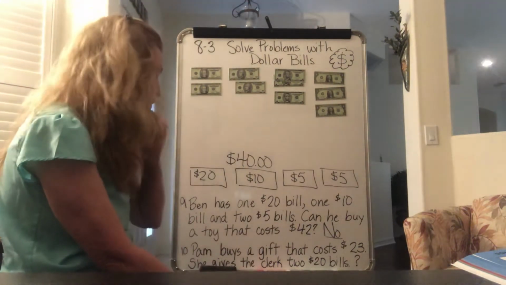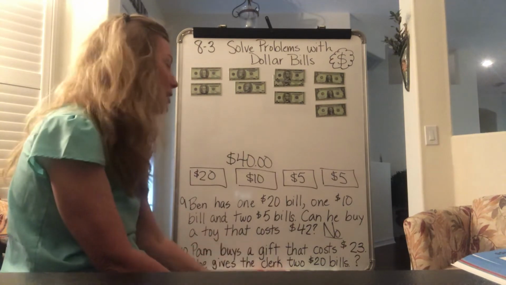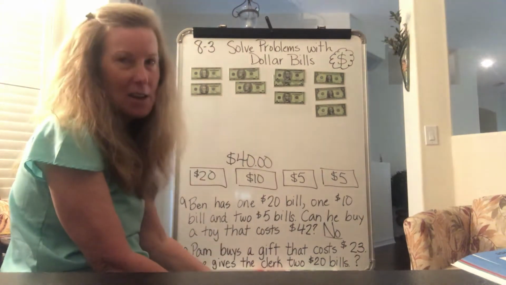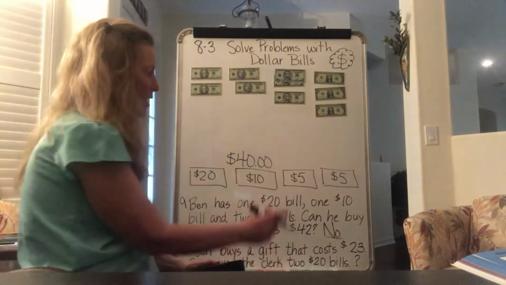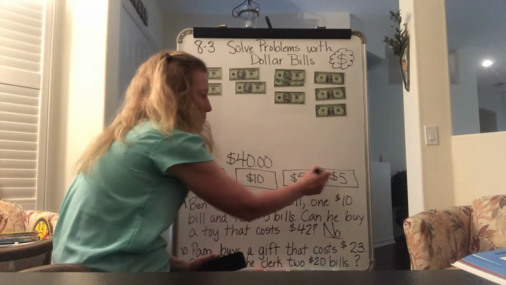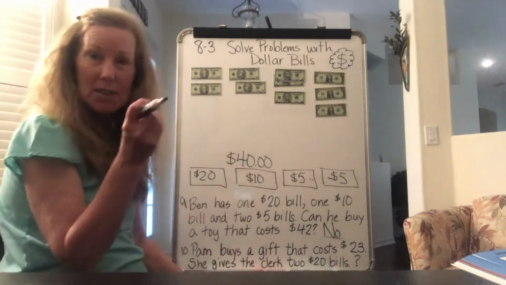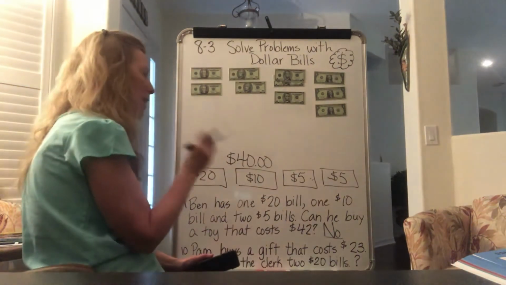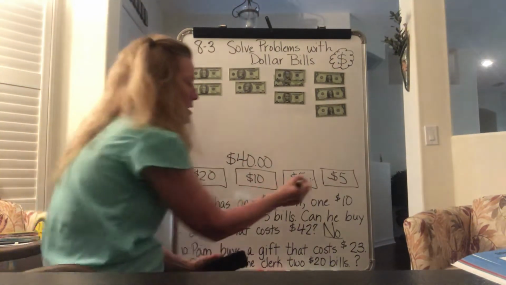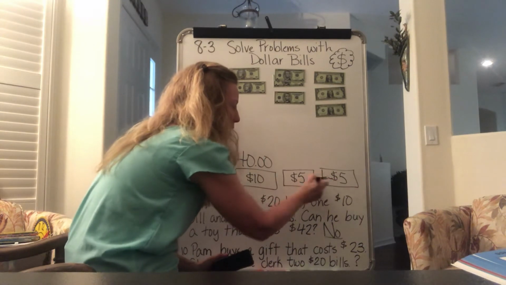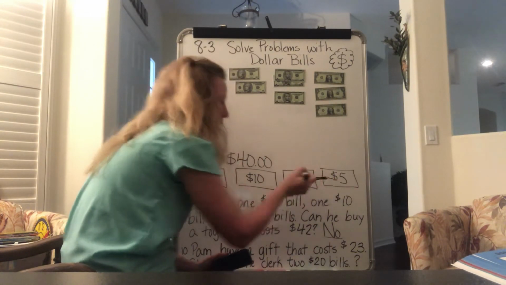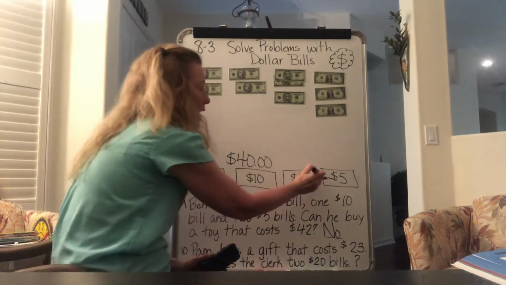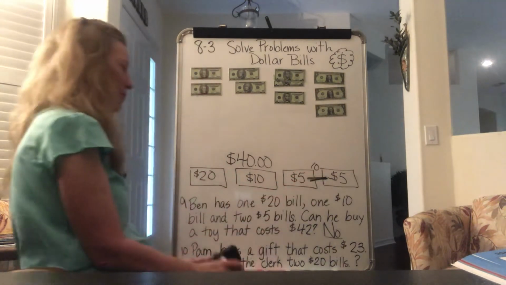All right, I'm going to show you something because when I count money, I kind of like to do this. Anytime I have 2 5s, I think counting by 10s is easier than counting by 5s. So if I have 2 5s, I like to join them together like this, and then I call it 10.